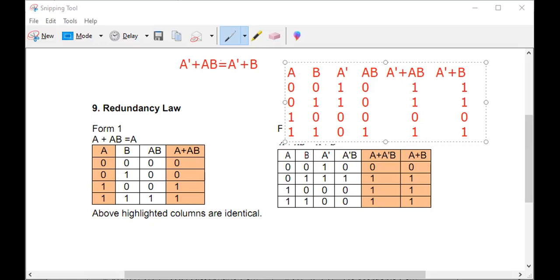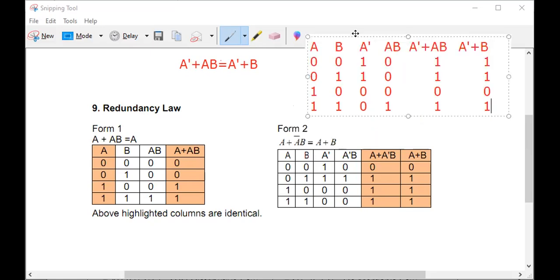If you have finished, raise your hand. Now these are the laws that you have to use.